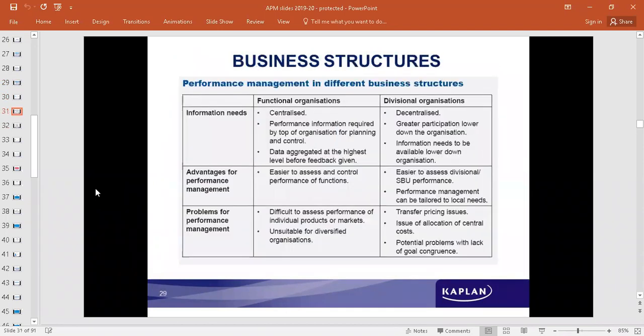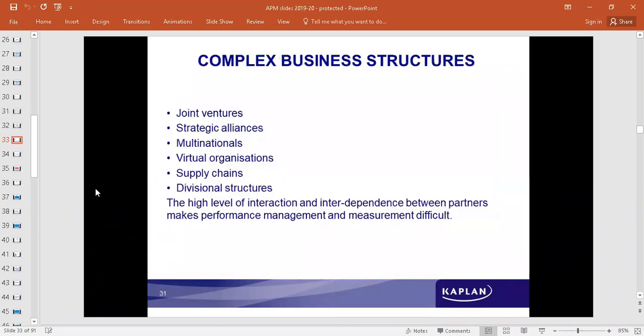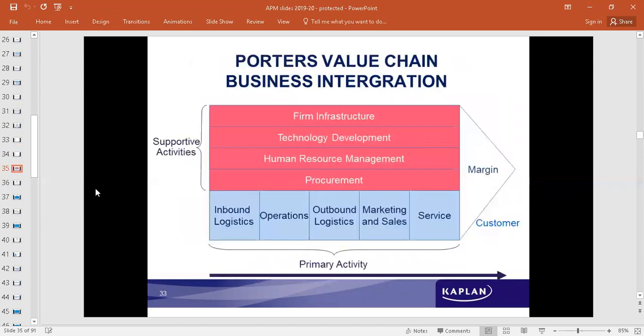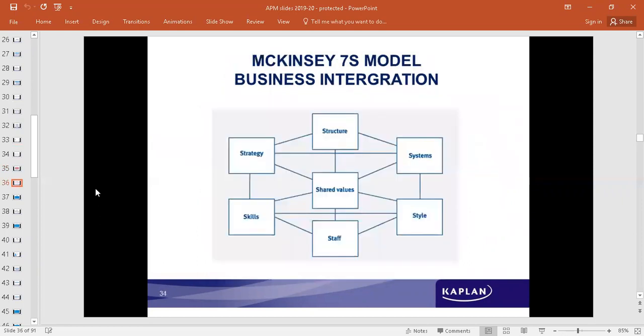Then we've learned about what the different business structures are, the main broad classification also. We've learned about complex business structures and characteristics of services. I told you that we will take up a case study, but maybe after 2 weeks or so, we will take up a case study on services. For Porter's value chain, we don't have an exclusive case study, but for McKinsey, we have just now read through that.